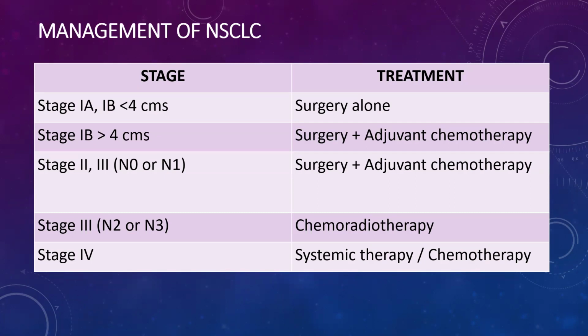For stage 3 with N2 or N3 involvement, that's your 3A, 3B, or 3C, we can do chemo radiotherapy. And for stage 4 disease, we subject the patient to systemic chemotherapy with or without your targeted therapies.